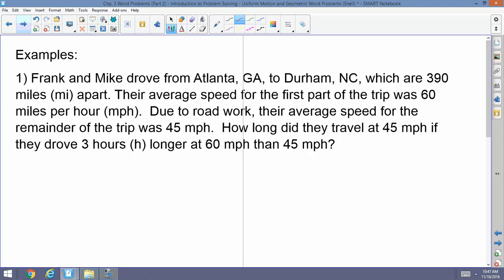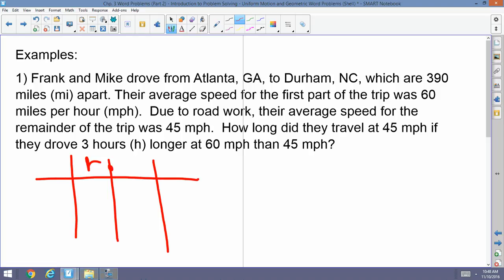How long did they travel at 45 miles per hour if they drove 3 hours longer at 60 miles per hour than 45 miles per hour? This is usually where people say, okay, I don't get it. Well, please don't do that. Let's just analyze. Let's read carefully and let's read slowly. And most importantly, let's set up this quote-unquote magical table. Let's see how magical this table really is.